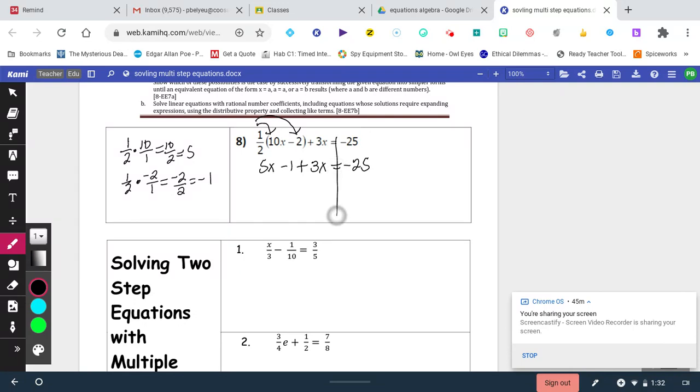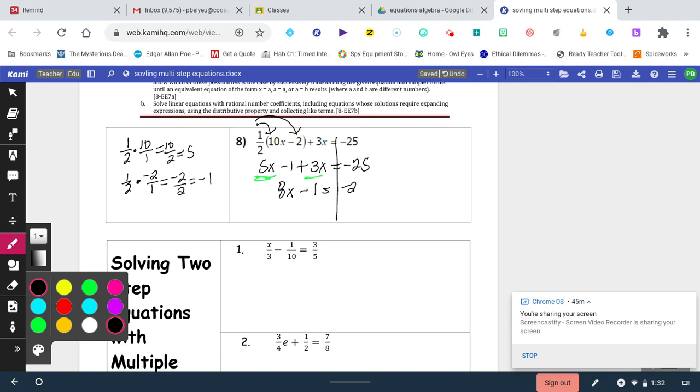Now I'm going to combine like terms. These two are like. So I get 8x minus 1 equals -25.